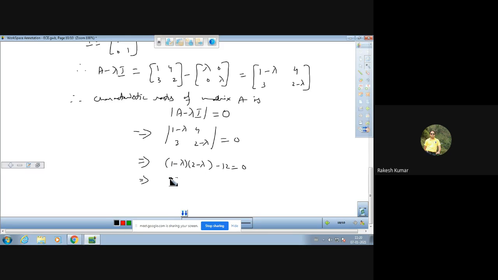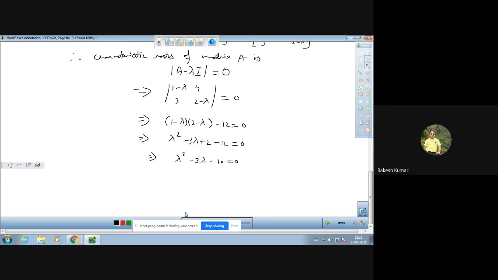So you will get lambda square minus 3 lambda plus 2 minus 12 is equal to 0. Lambda square minus 3 lambda minus 10 is equal to 0. Now you can find the roots of this equation: lambda square plus 2 lambda minus 5 lambda minus 10 is equal to 0 after factorizing.